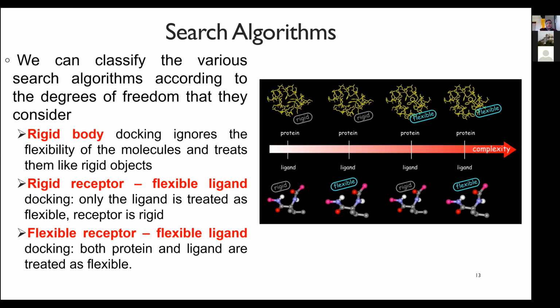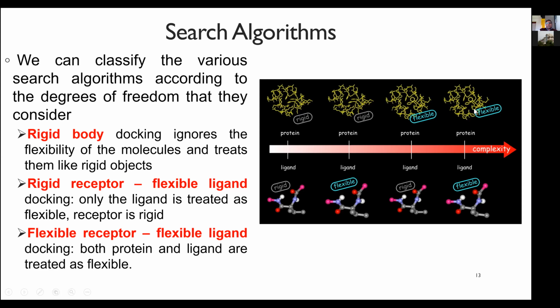In rigid receptor and flexible ligand docking, the ligand is treated as flexible, but the receptor is treated as rigid. And this is the most common method used in the molecular docking process. Now, flexible receptor and flexible ligand docking, in which we consider both the protein and ligand as flexible, but you have to appreciate this fact that the greater the flexibility of the components involved in the docking process, the greater the complexity.